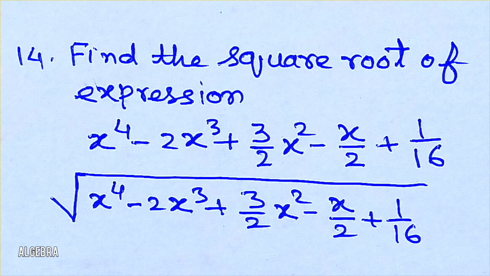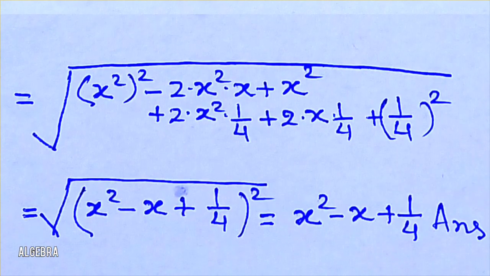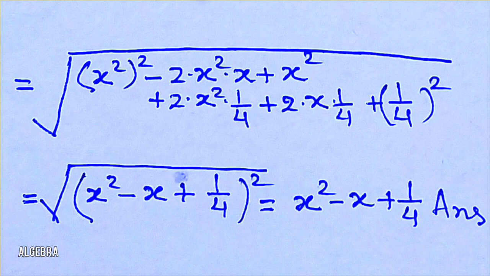Square root of x^4 - 2x^3 + 3/2 x^2 - x/2 + 1/16 is equal to the square root of (x^2)^2 - 2 into x^2 into x + x^2 + 2 into x^2 into 1/4 + 2 into x into 1/4 + (1/4)^2, which is equal to the square root of (x^2 - x + 1/4)^2, which is equal to x^2 - x + 1/4.